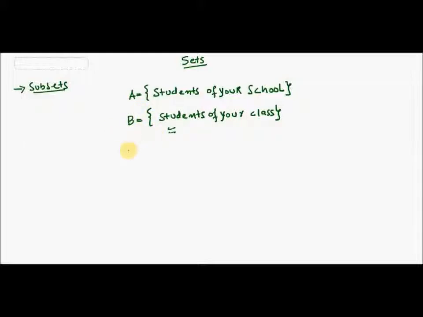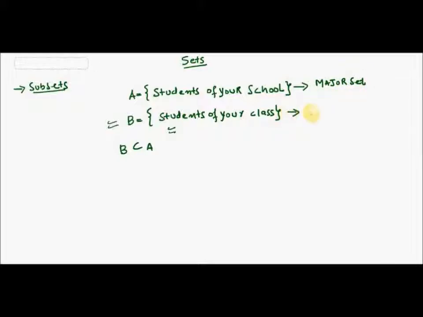Now if this condition follows, that every element of B is also in A, we say that B is a subset of A, right? We say B is a subset of A. Now here you can see that A is a major set, right?